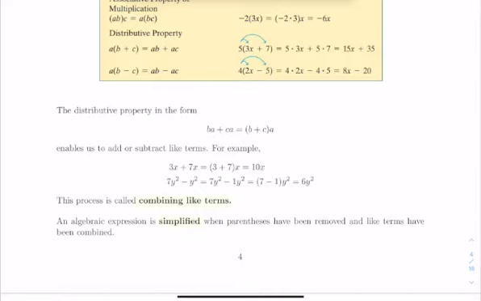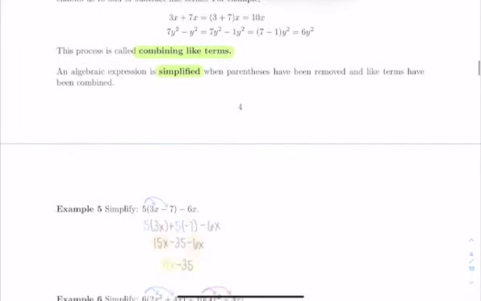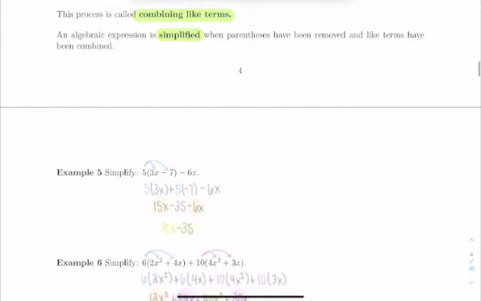That's the same as just doing the 7 minus the 1, and we get 6y squared. So just be very careful that the variable does not change, only the numbers in front change. And this is called combining like terms. An algebraic expression is simplified when parentheses have been removed and like terms have been combined.